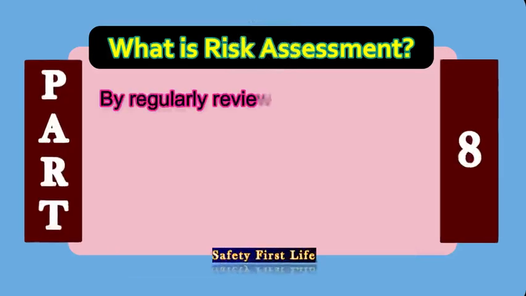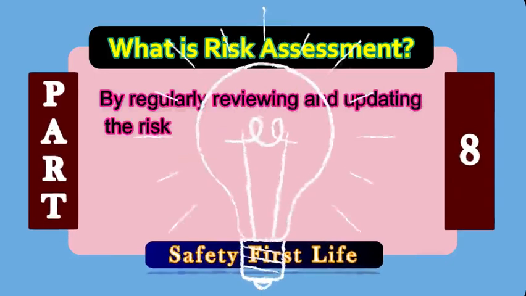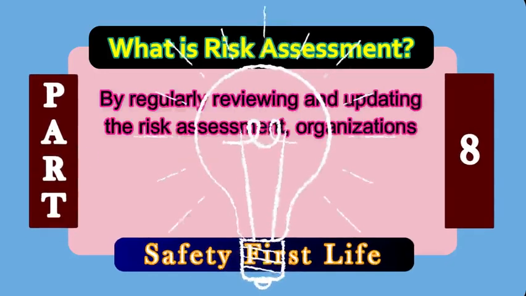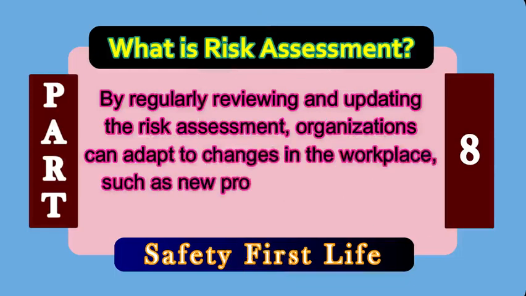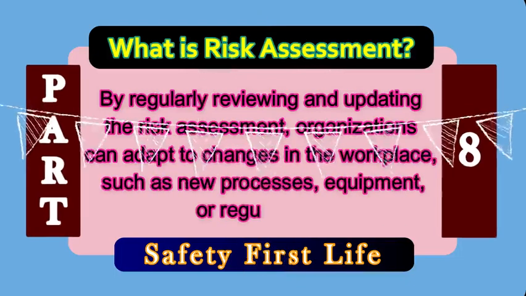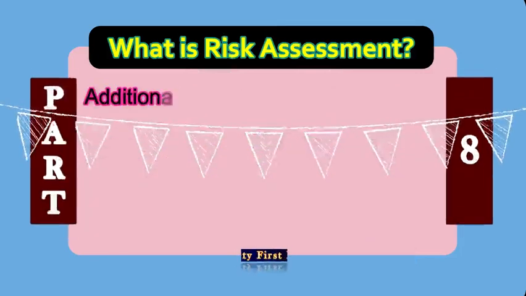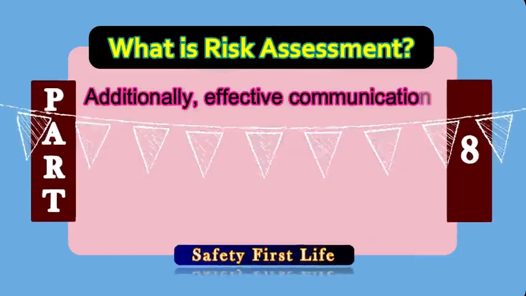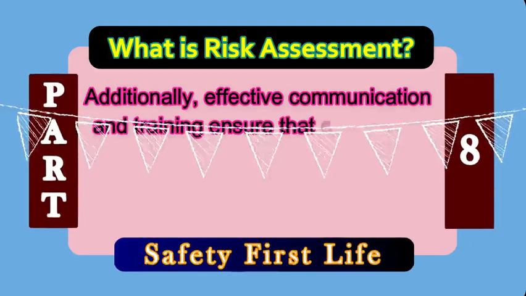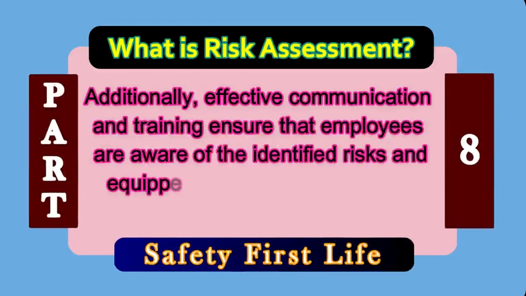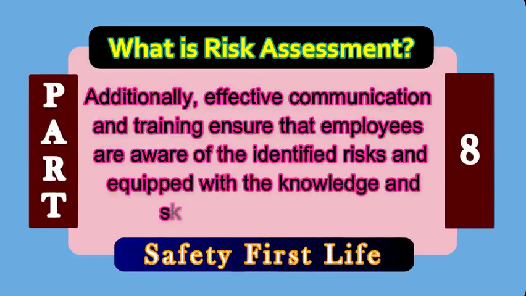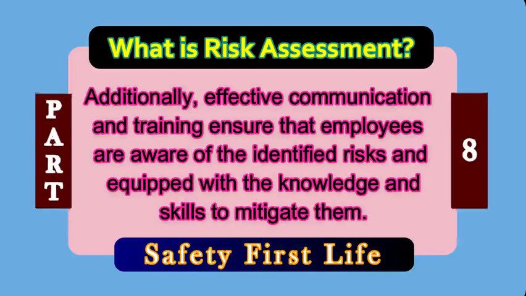By regularly reviewing and updating the risk assessment, organizations can adapt to changes in the workplace such as new processes, equipment, or regulations. Additionally, effective communication and training ensure that employees are aware of the identified hazards and equipped with the knowledge and skills to mitigate them.